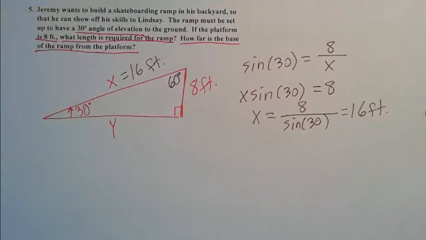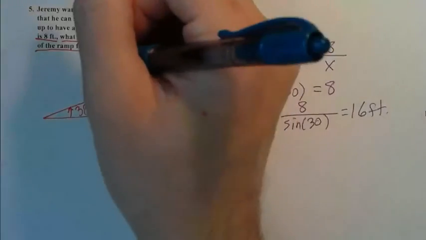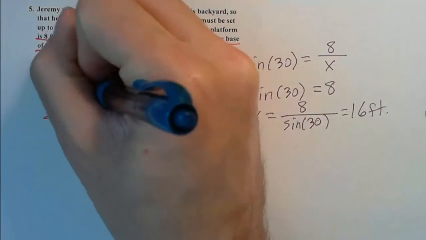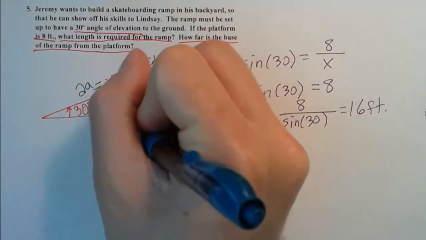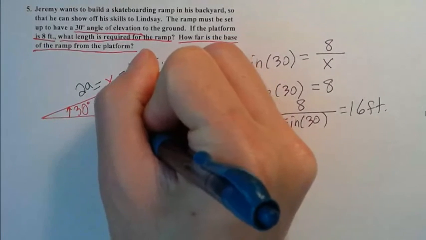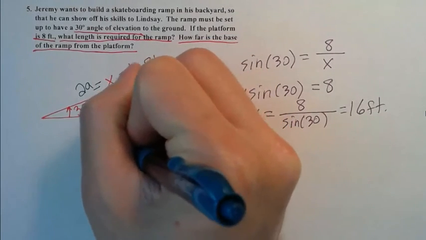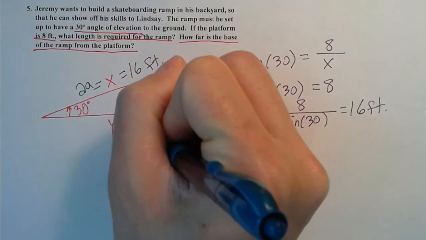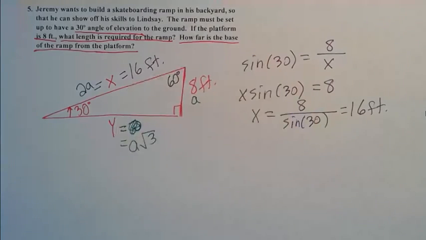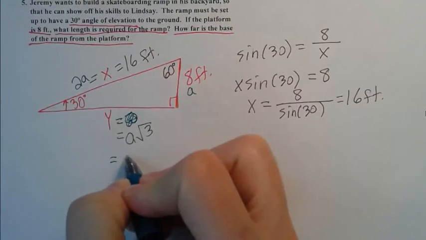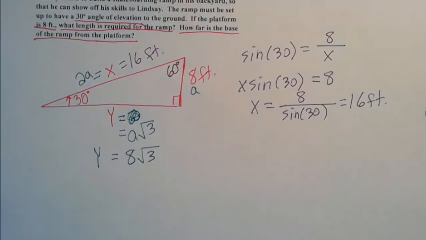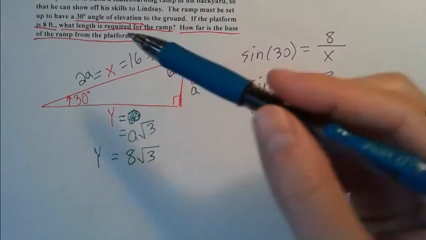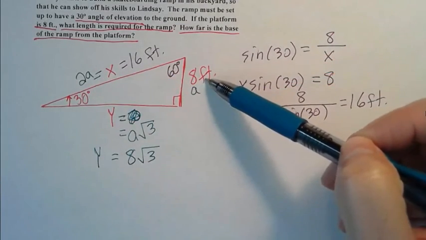So you might recognize this as a 30-60-90 special right triangle, in that our hypotenuse side is 2a, our 30 degree side is a, and our 60 degree side is equal to a times the square root of 3. And all we have to do here is, if I know that my a is 8, I can know that 8 times the square root of 3 is equal to y. And I know that 16 is right by being able to double our a value.